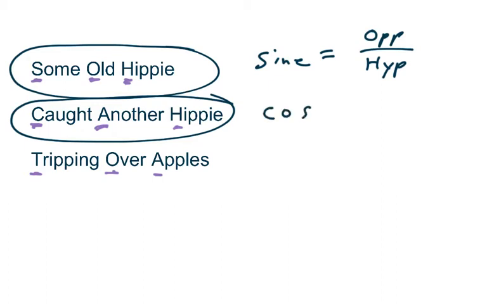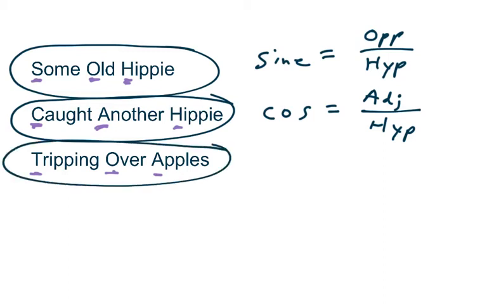That tells me that cosine is the adjacent side. That's the side next to the angle over hypotenuse. And TOA, tripping over apples, tells me that tangent is opposite side of the angle over the adjacent side of the angle, the side next to it.